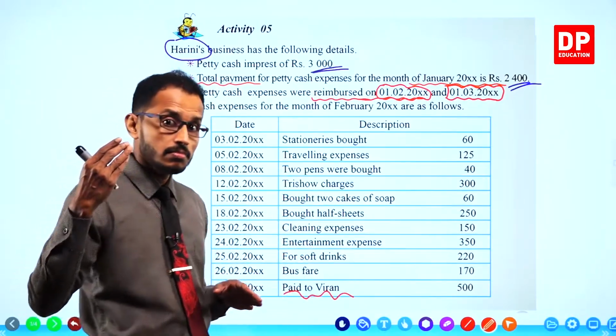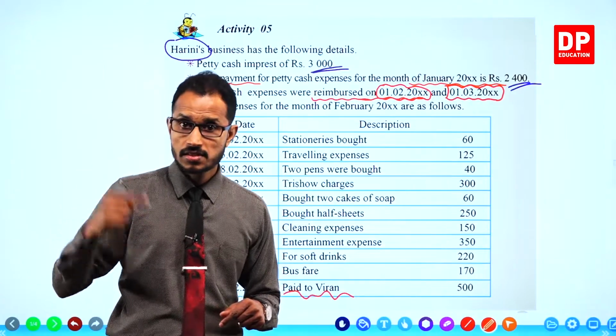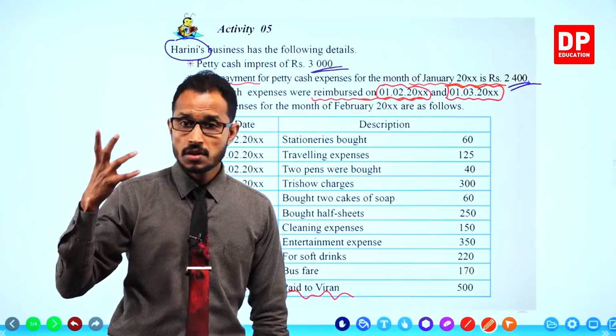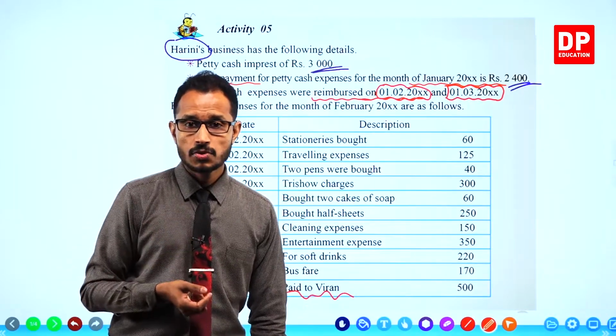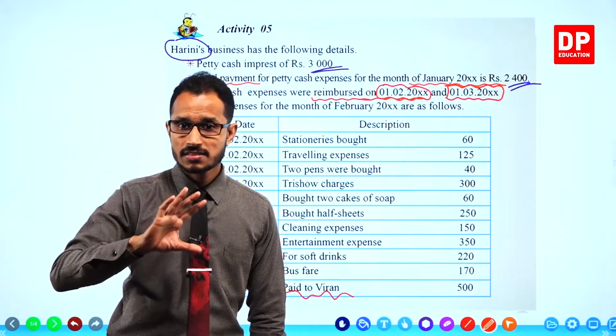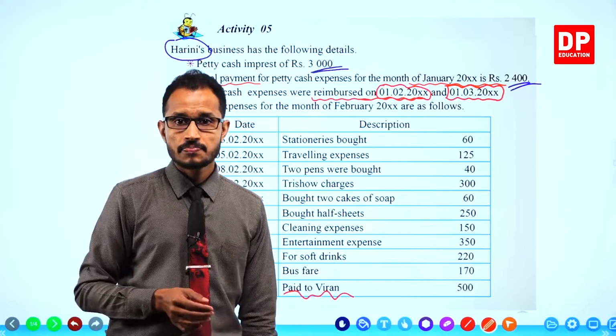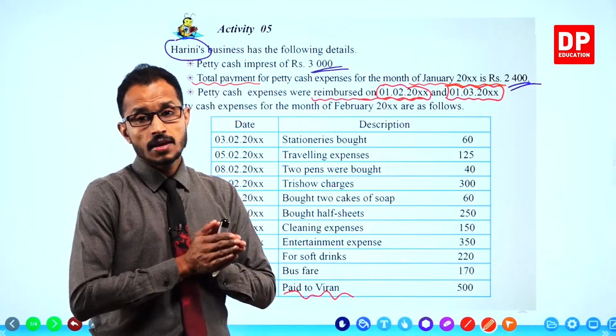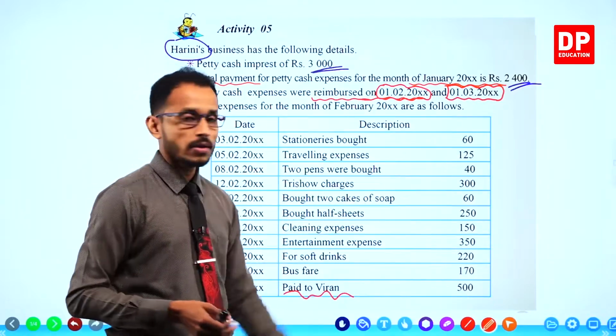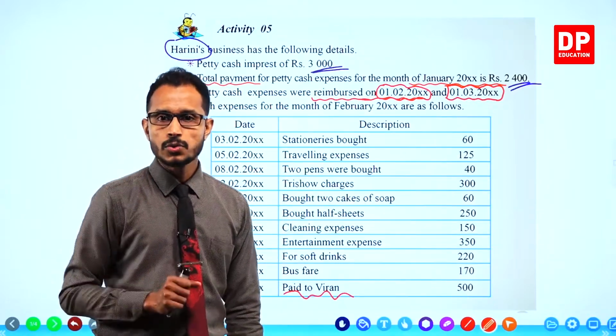Better if you can watch the previous video, because preparing a petty cash book should first be explained, which we have done very well. Then only we can take on a question and do it alone.